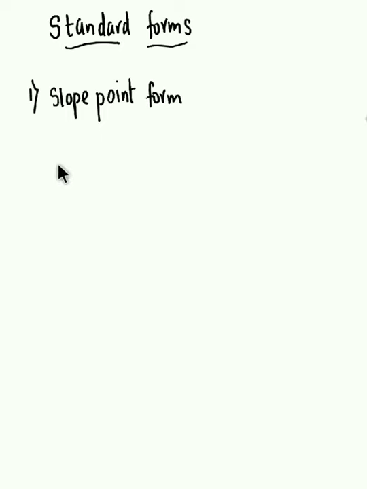So if we have a straight line and suppose m is the slope of this line, and we have a point lying on this line. Suppose that point has coordinates x1 and y1.